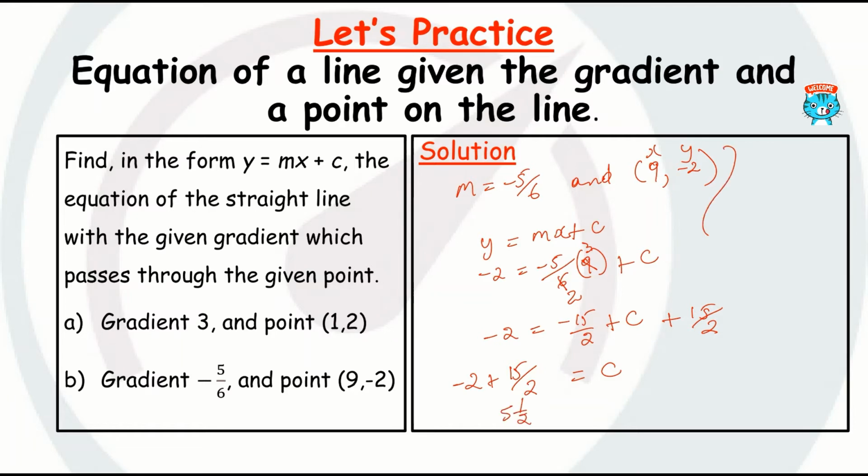Hence, let's write the equation of the line. The equation is y equal to m, which is negative 5 over 6x plus, and you could write 5.5 as an improper fraction, 11 over 2. It's okay to keep your fractions in this case as an improper fraction. Or you could use your mixed number.